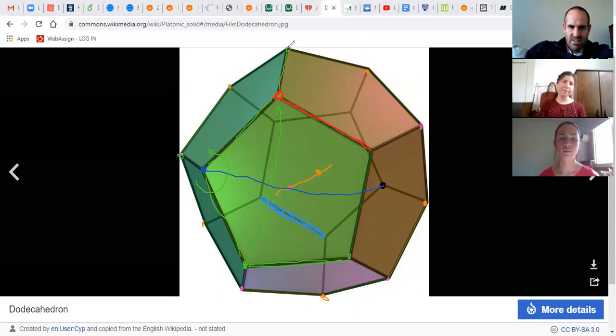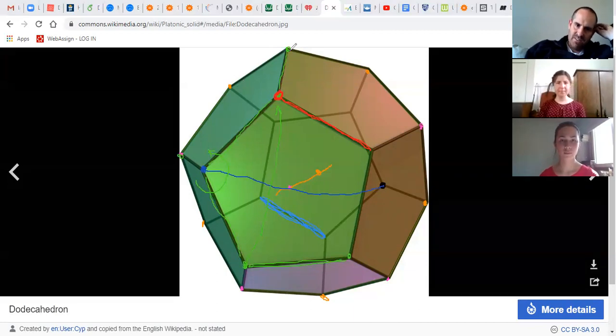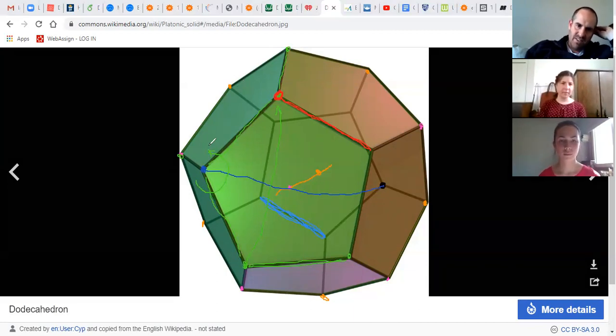And then what? If it rotates again, it's going to go over to here. This edge right here is going to swing to here. Which means that this edge right here is going to swing to here, right?